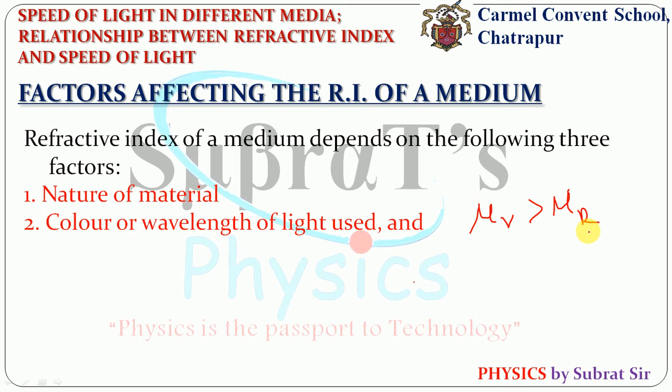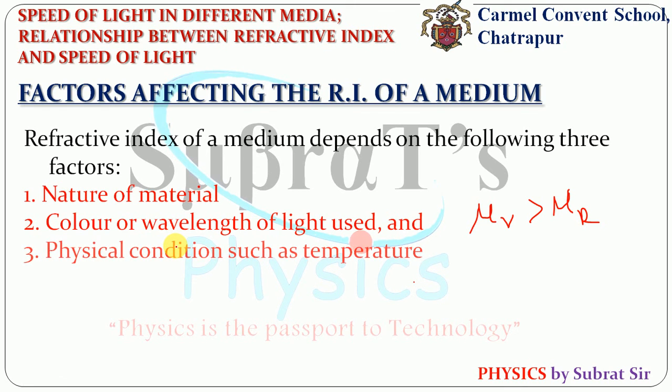The wavelength of visible light increases from the violet to the red end. So we can say that the refractive index of a medium decreases with the increase of wavelength. Then we have the last one, which is physical condition such as temperature.